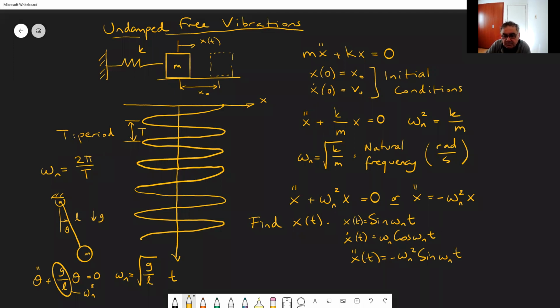We have found it: this is exactly the function itself that we assumed. So sine omega n t is one solution.